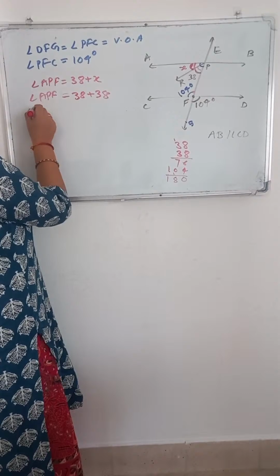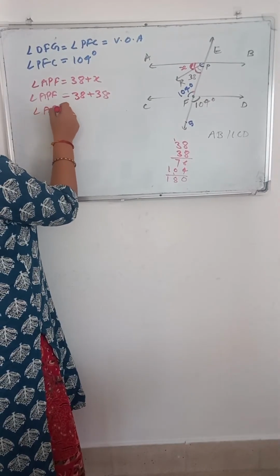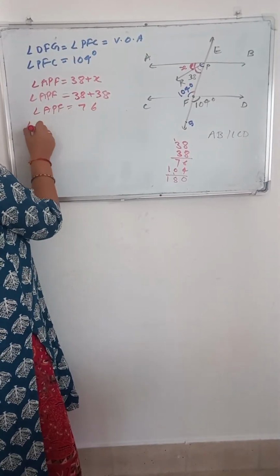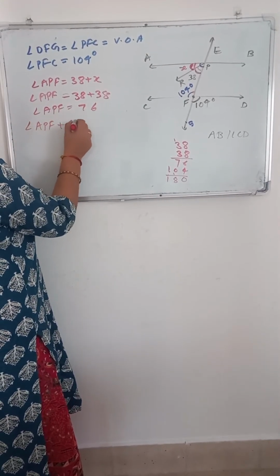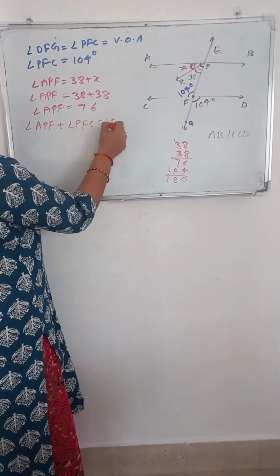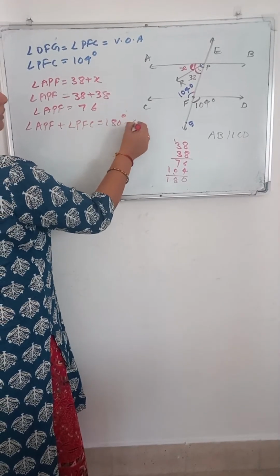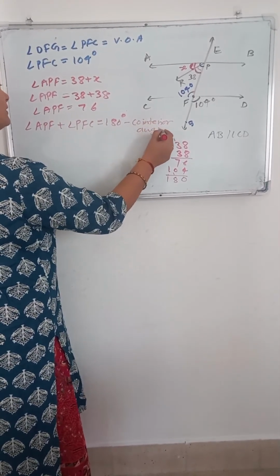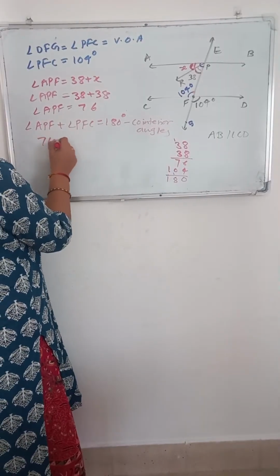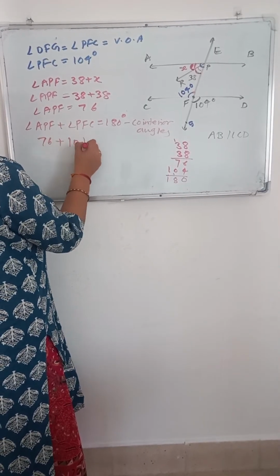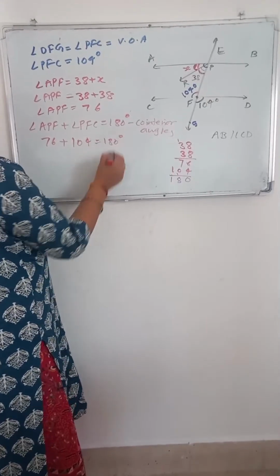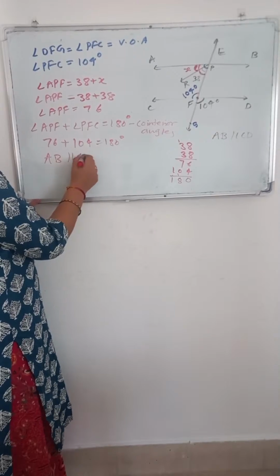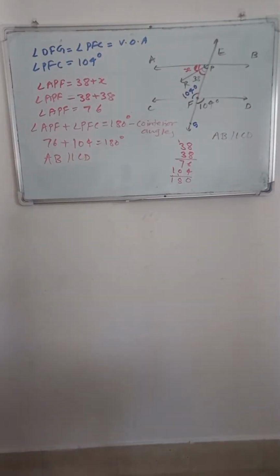So angle APF is equal to 38 plus 38, which is 76, and we can write angle APF plus angle PFC is equal to 180 degrees, because they are co-interior angles. Here this is 76 plus 104, that is equal to 180 degrees. That means we can say that AB is parallel to CD. So this is the required proof.